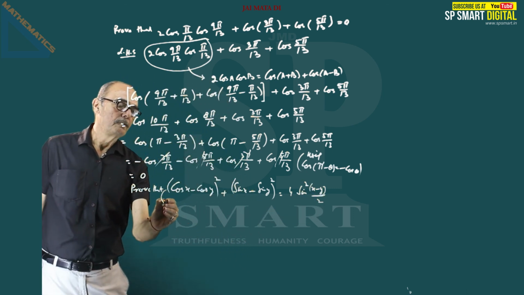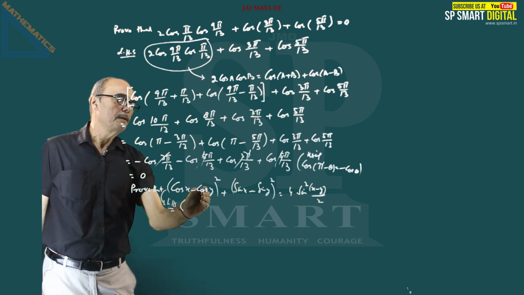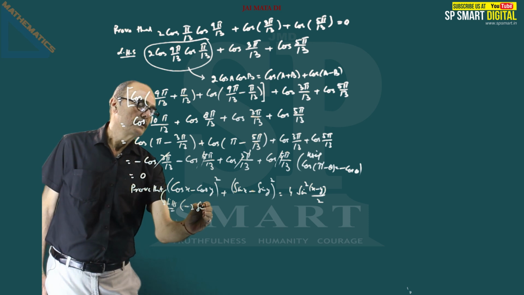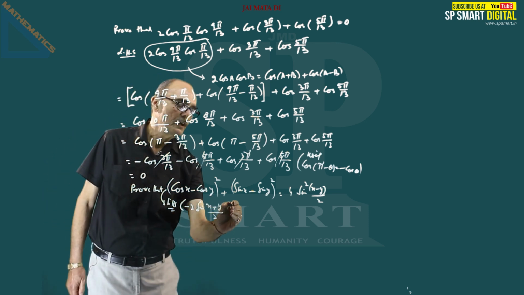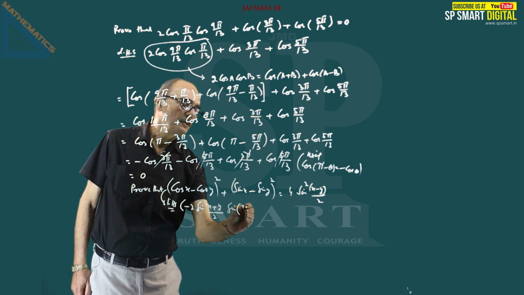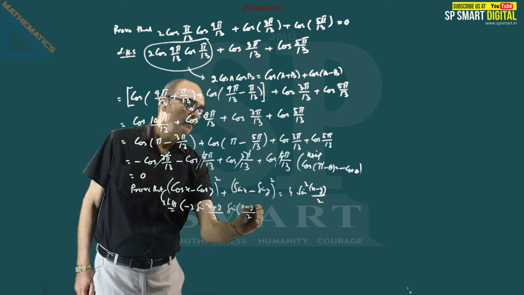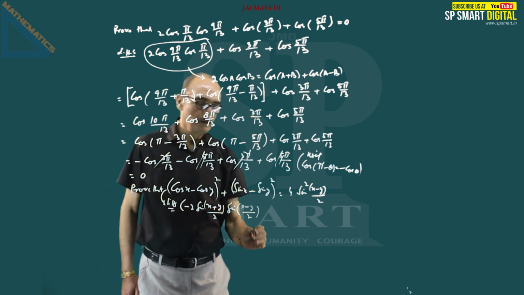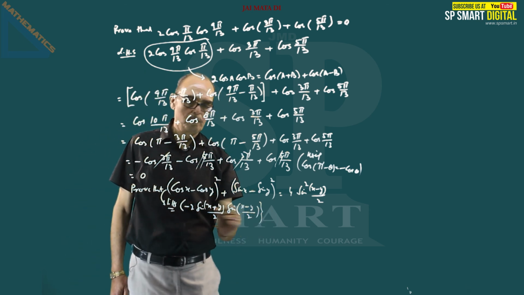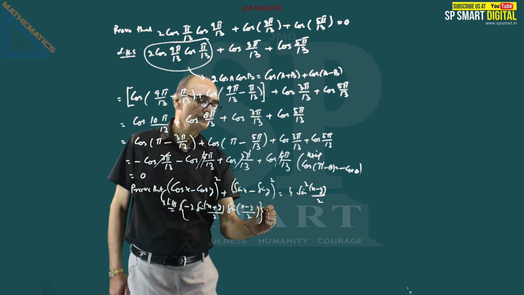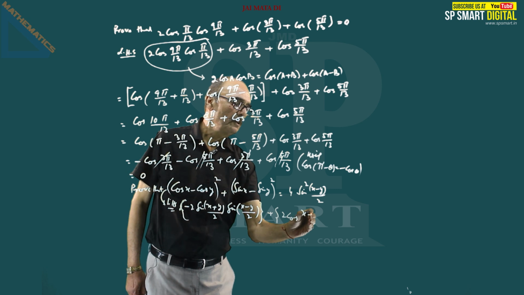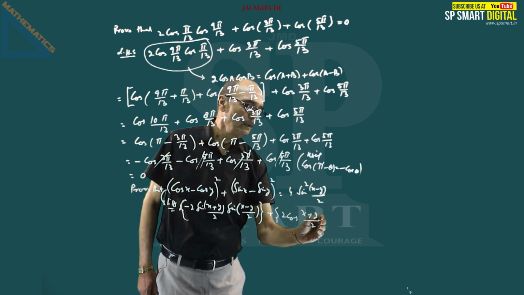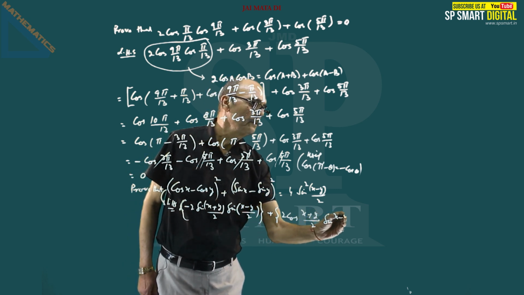Take the left hand side. Use the formula cos c minus cos d equals minus 2 sin c plus d by 2 into sin of c minus d by 2, and sin c minus sin d equals 2 cos c plus d by 2 sin of c minus d by 2.